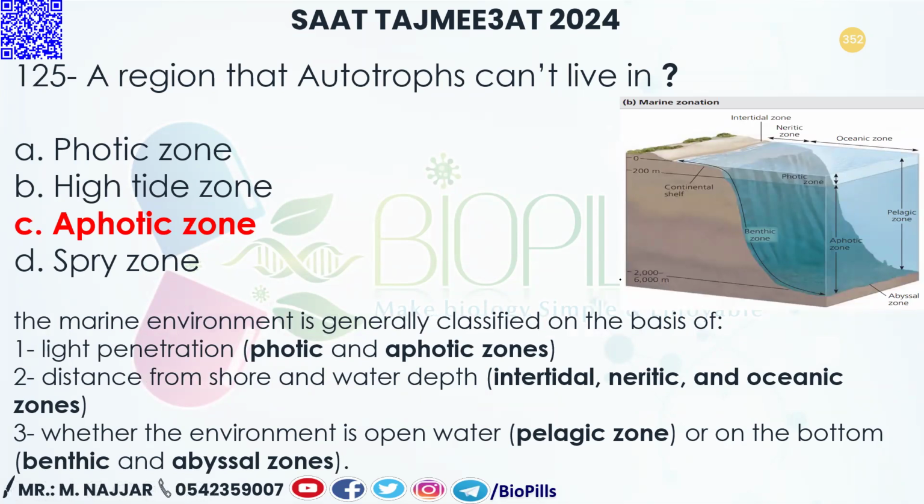This is the most likely after the intertidal, because intertidal goes up to 200. After 200, light is not that penetrating. So at 200 and down, there is no way for the light to be captured. Even less than this, by the way.